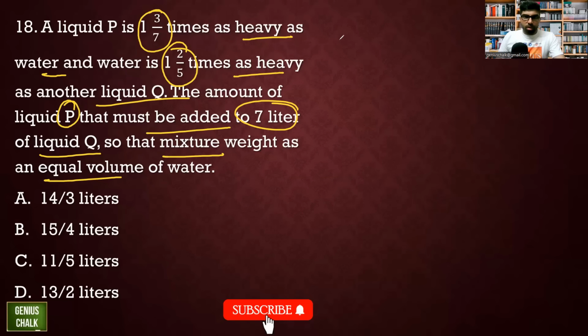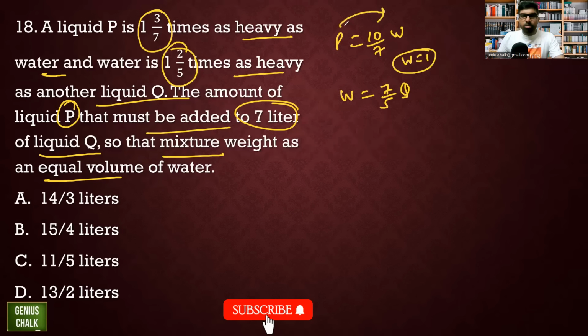So if you take water as 1, P will be 1 3/7, that is 10/7 times water. Next is water is also 1 2/5, that is 7/5 times the liquid Q.